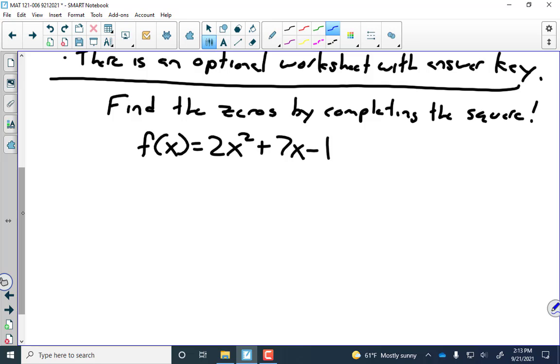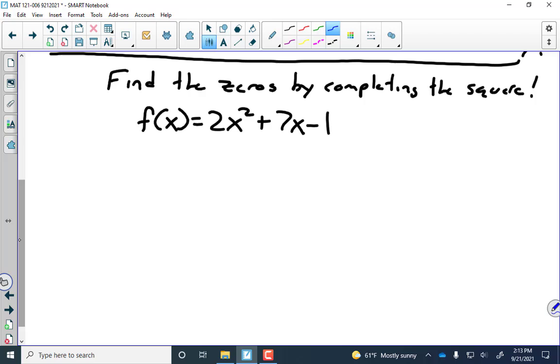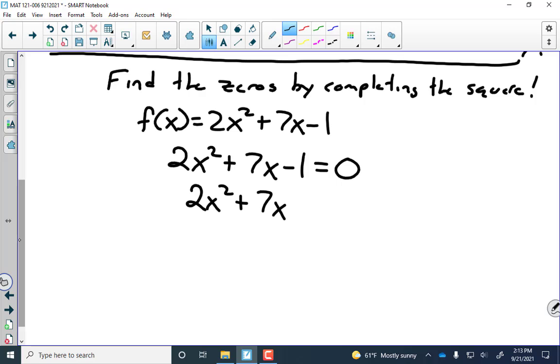Now, you could write down the steps 1 through 6, but as I said before, the steps are almost going to kind of bleed into one another. And I think it'll be more trouble than it's worth trying to keep track of which step is which number rather than just remembering what you're supposed to do. In fact, I remember the first thing I'm supposed to do is get this thing and set it equal to 0, and then move the constant to the other side.